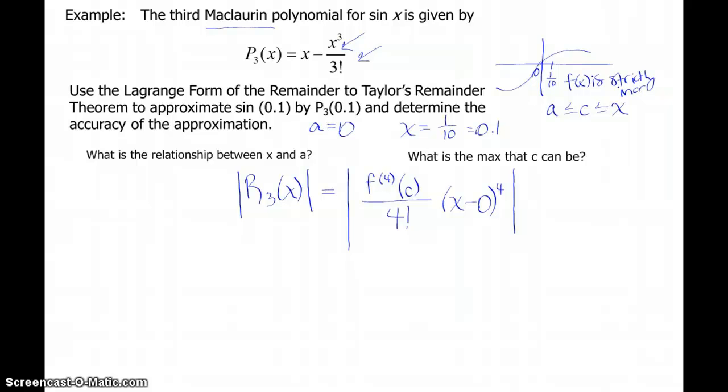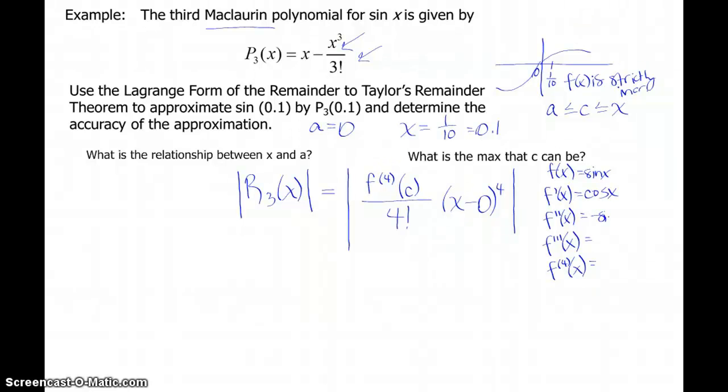But we're still going to have to pay attention to, from the 4th derivative, are we in the numerator or denominator with c? So let's find the 4th derivative. So for our function sine of x, the only way to get to the 4th derivative is to go through the first 3. So the fact that they gave us the polynomial is helpful, but we still have to find those first 4 derivatives.